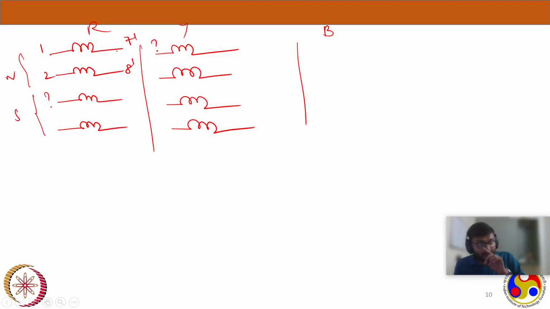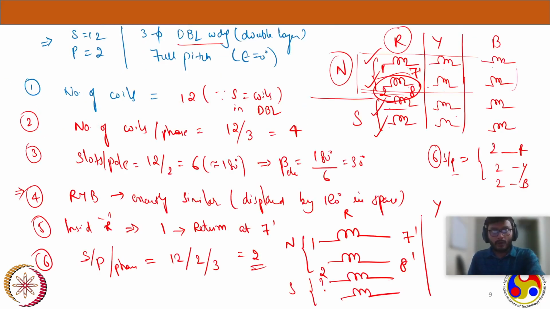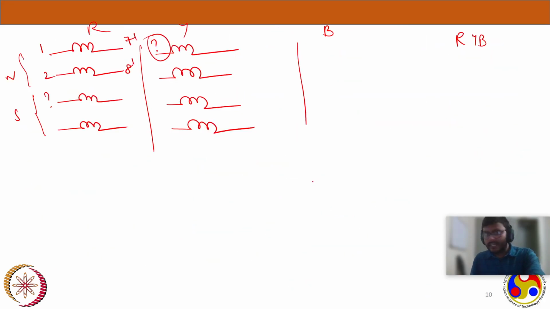Now let's say first we are interested in this one. It is the starting coil in the Y phase. Now we also know, RYB, from point number 4, the coils are displaced by 120 degrees in space. Now we need to find how many slots will account for that 120 degrees.